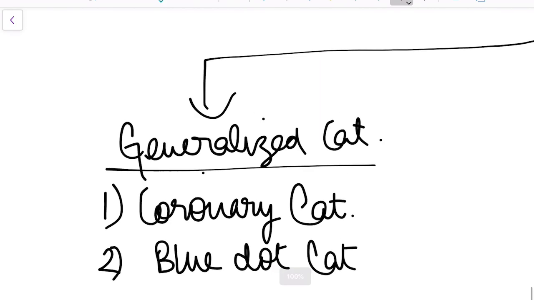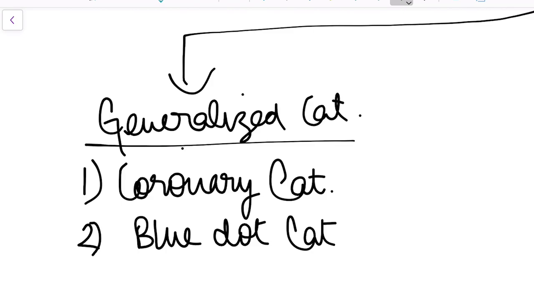You can remember here that blue dot cataract is the most common congenital cataract which does not cause any diminution of vision, and the most common congenital cataract which causes diminution of vision is lamellar cataract.